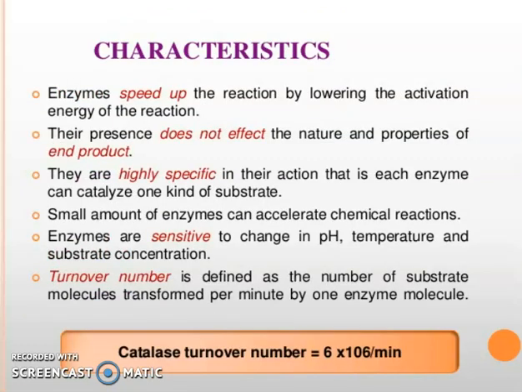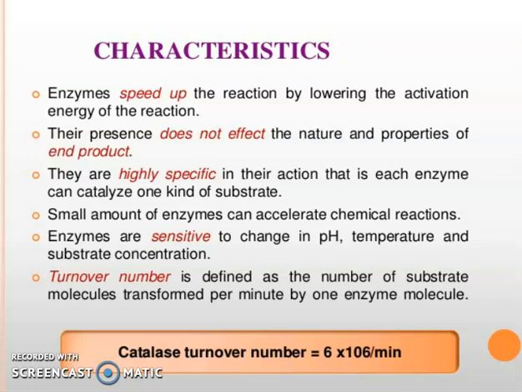So now friends, what are the characteristics? Enzymes speed up the reaction by lowering the activation energy of the reaction. Their presence does not affect the nature and properties of the end product. They are highly specific in their action, that is, each enzyme can catalyze one kind of substrate. A small amount of enzyme can accelerate chemical reactions.